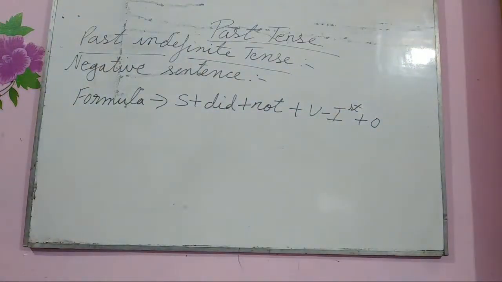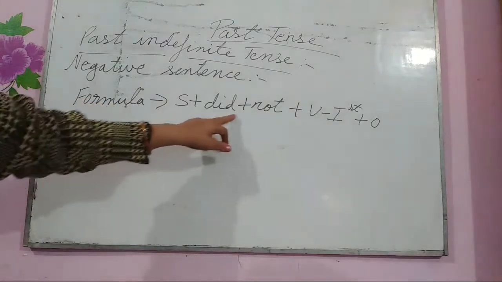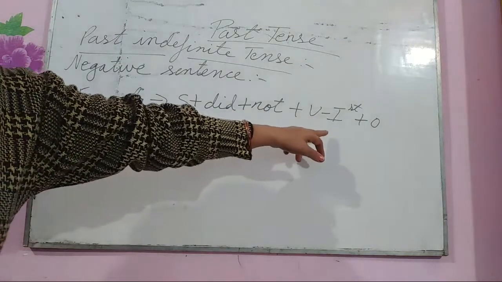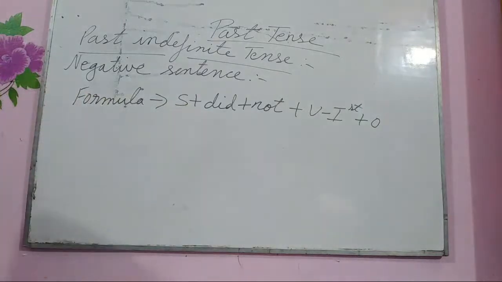The formula for the negative sentence in past indefinite tense is subject plus did plus not plus verb first form plus object. So this is the formula related to negative sentence in past indefinite tense.